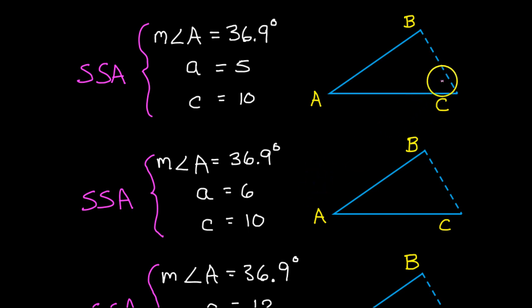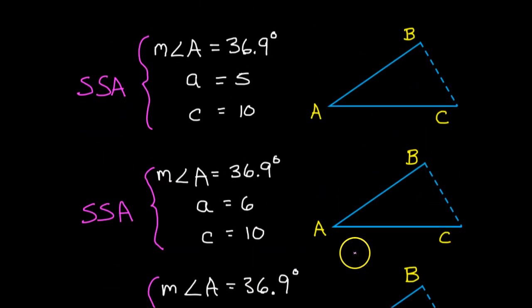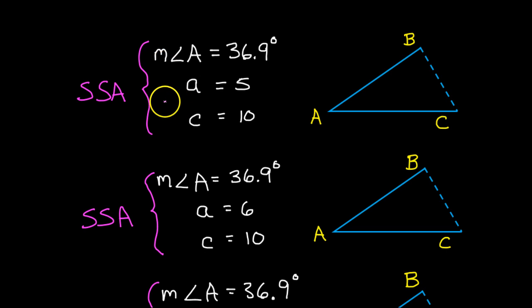Now, again, ambiguous means there's more than one possibility, and that's what I'm going to illustrate here. So really, I'm giving you the same type of information in every case. I'm giving you angle A, side a, and side c.